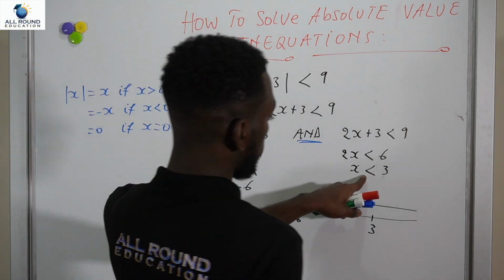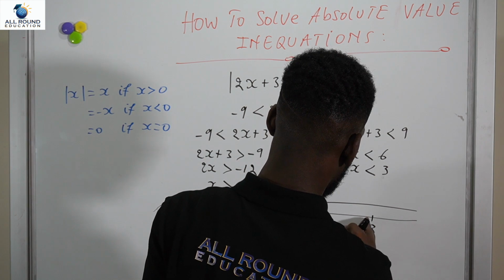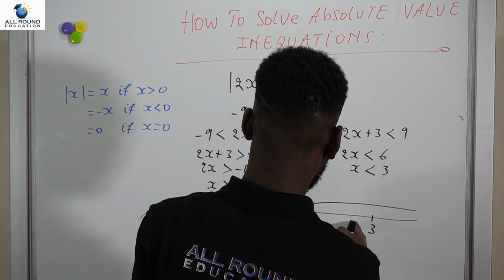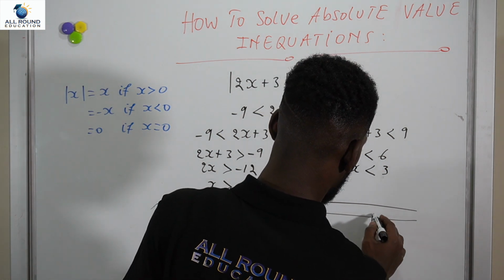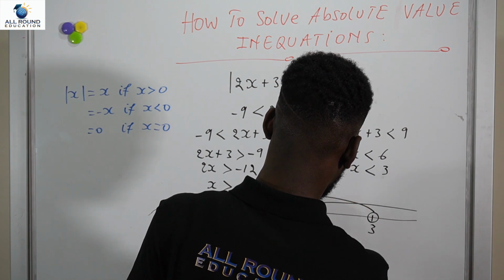And x is strictly less than 3, so all the numbers less than 3 are on this side.